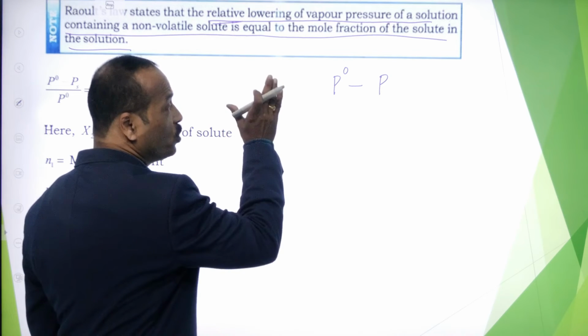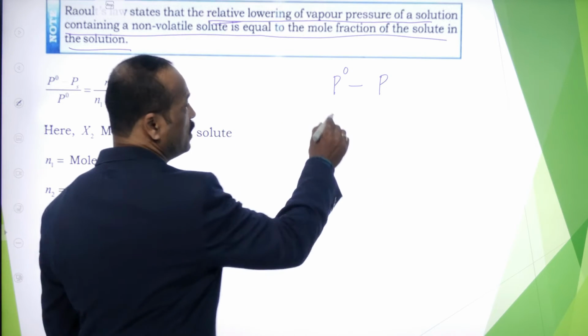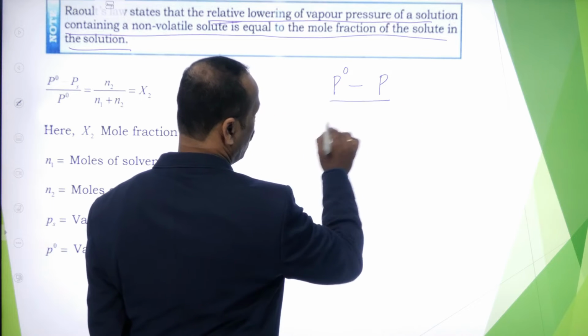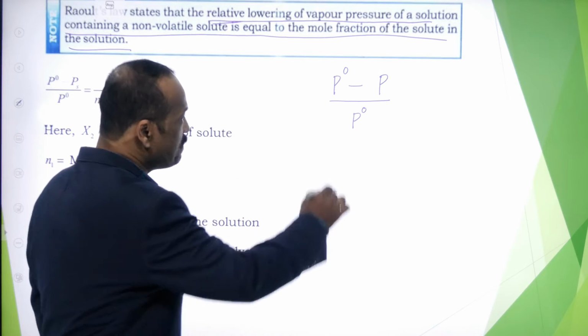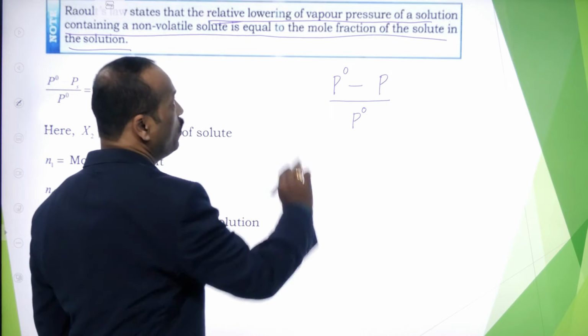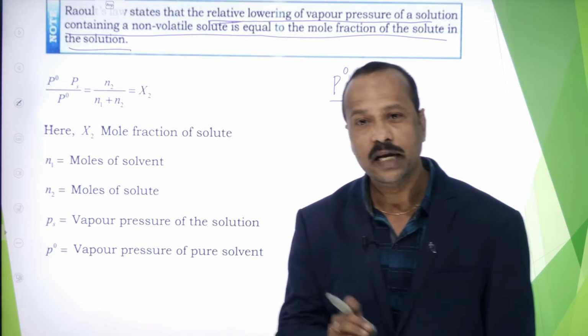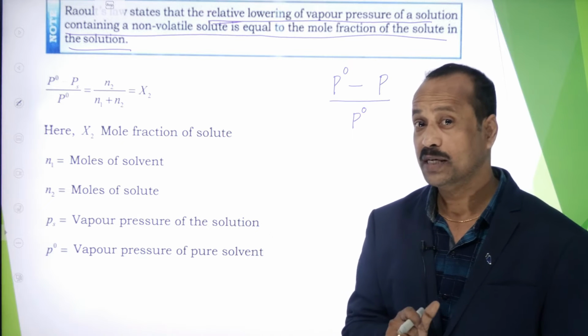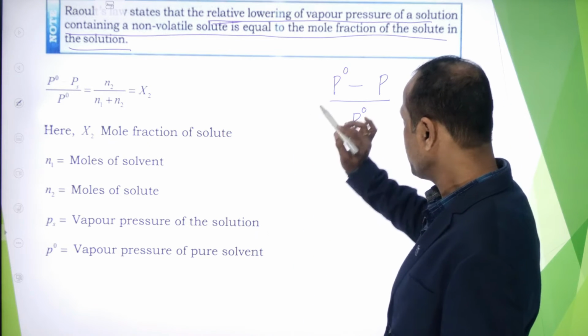Relative means we have to compare this with the vapor pressure of the pure solvent. So this part is called the relative lowering of vapor pressure. What is the relative lowering of vapor pressure?